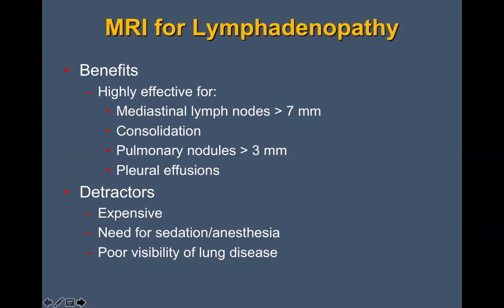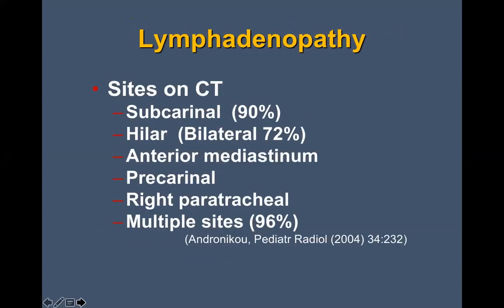You might see a consolidation in the lung, although MRI is really not great for lungs in itself. And pulmonary nodules definitely have to be of significant size to be able to see them on MRI. So we don't really use MRI all that often unless we have an overwhelming reason why we don't want to give IV contrast, then MRI can be more useful.